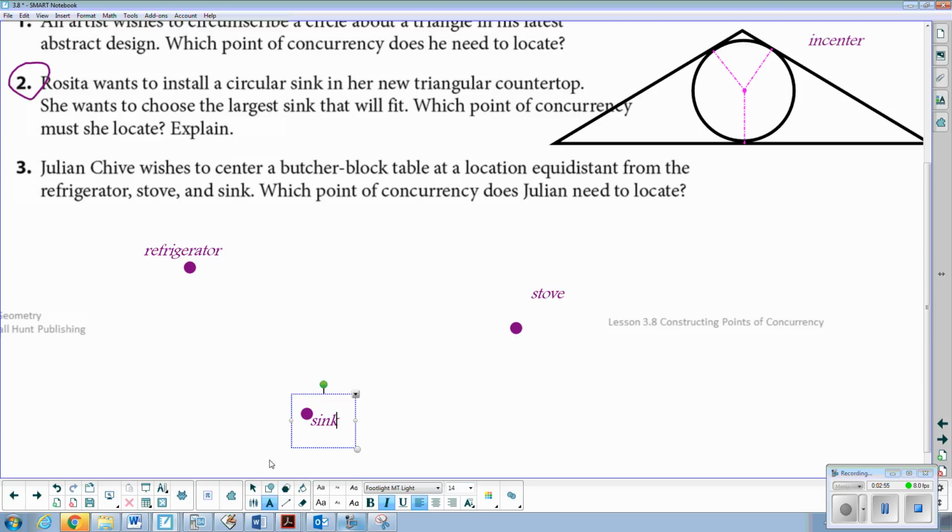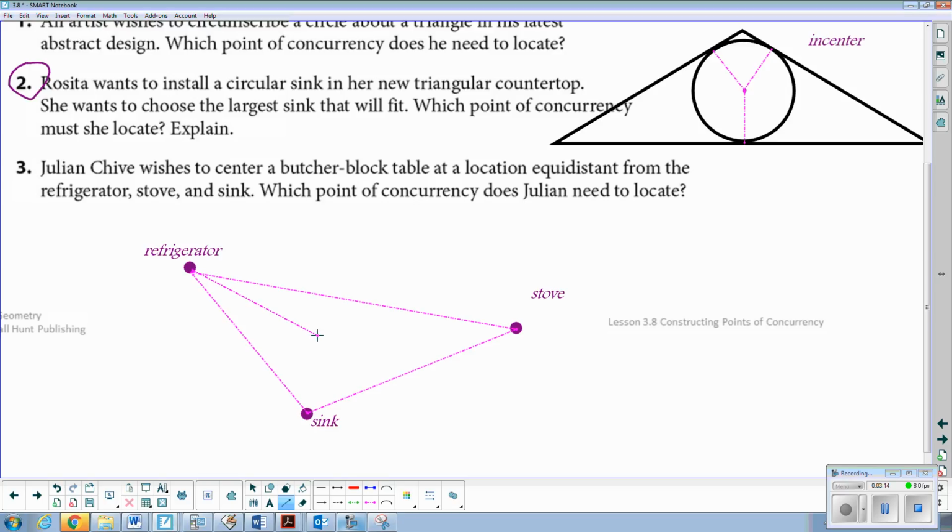Which point of concurrency does Julianne need to locate? Well, we want it to be equidistant from all these points, right? So these points form a triangle. And what point is going to be the same distance from the refrigerator as it is from the sink, as it is from the stove?